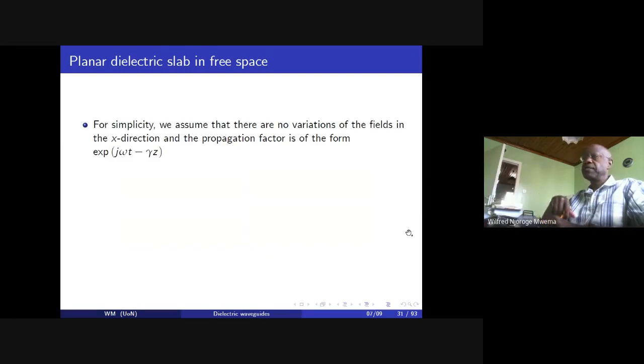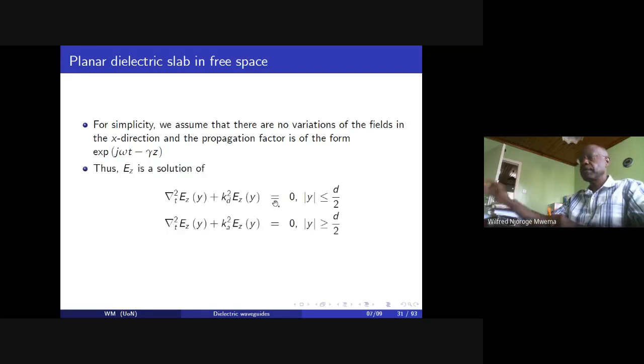Now, for simplicity, we will assume that there are no variations of the fields in the x direction, and the propagation factor is of the form e to the j omega t minus gamma z in the z direction, which we have chosen to be the axis of the dielectric slab. So that's for Ez. Then Ez is going to be a solution of Helmholtz equations in two regions.